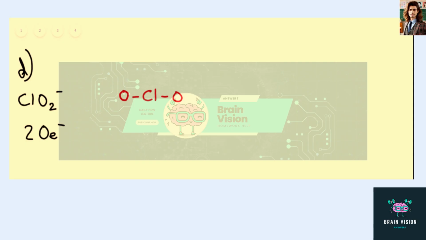So now we see that we've used up 4 electrons. So we can assign 12 to the oxygen atoms, which leaves us with 4 electrons left. So we can assign them to the central atom. So we see here, once again, that everything has an octet.